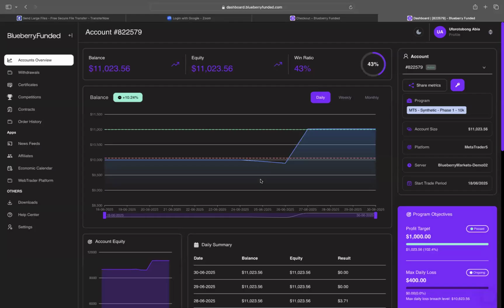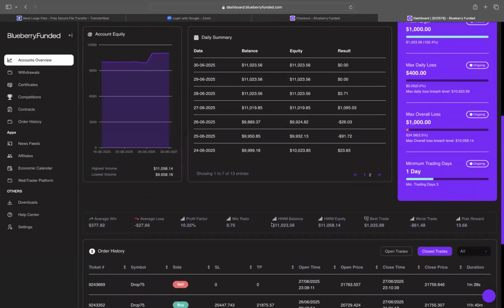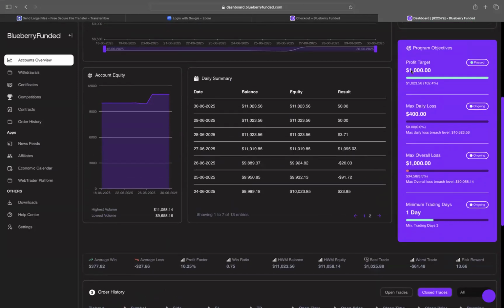So I think what's keeping me from going into the funded phase of this account is the minimum trading days. If you can see, I traded this pair for 1 day and I already passed my profit target.